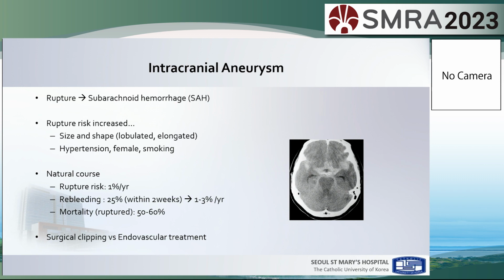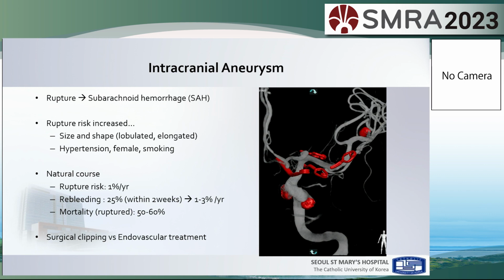For the intracranial aneurysm, which causes subarachnoid hemorrhage, MR angiography has been a quite good imaging tool for follow-up after treatment. Because intracranial aneurysms can have multiplicity, this is the largest number of aneurysms which we have had to treat in our group.